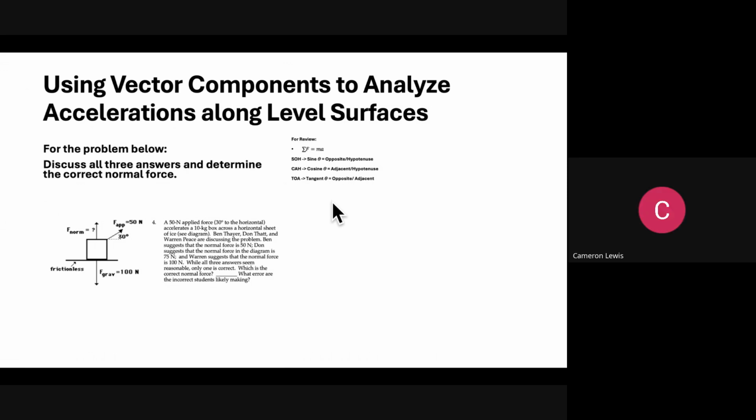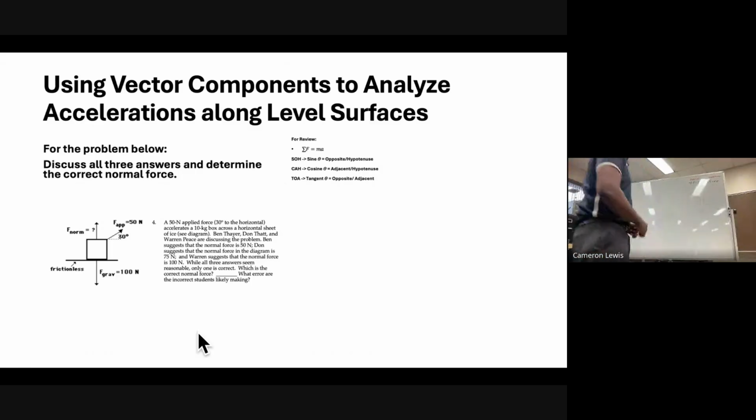Now let's look at it up here. So if I redraw the situation of what's going on, it's basically the same as what we had before, but this time we can actually measure it. Here's the surface, and we have the object on the surface.